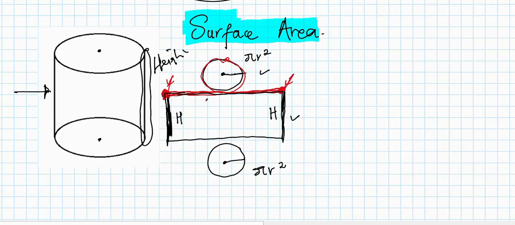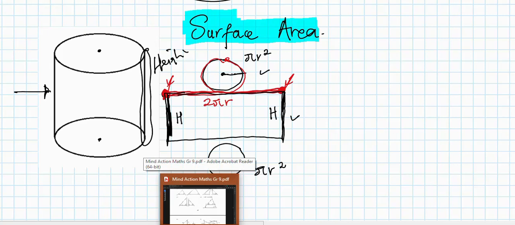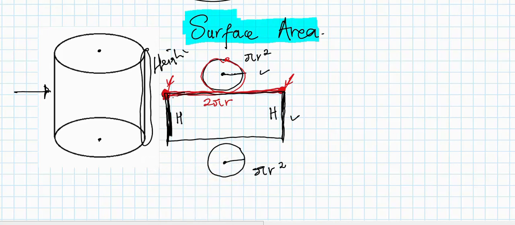The equation of the circumference is what? 2 pi r. That's the equation of a circumference. We said that's the distance from here up until there, which means also for this side, the distance from this point up until this point is 2 pi r, because that's the circumference of this circle.